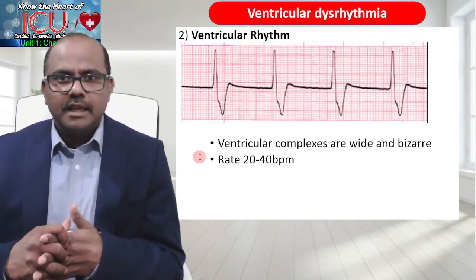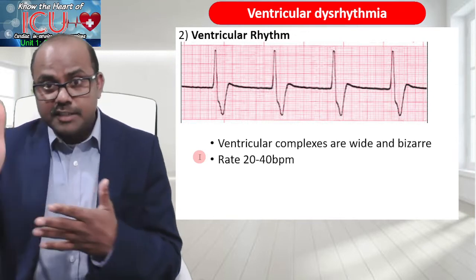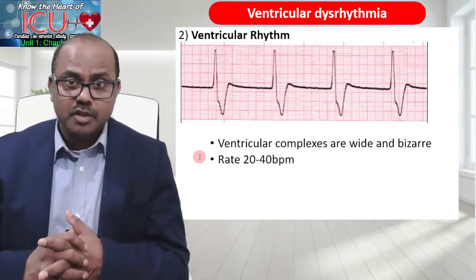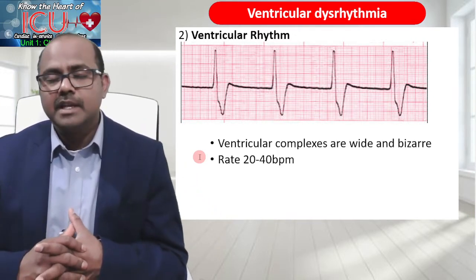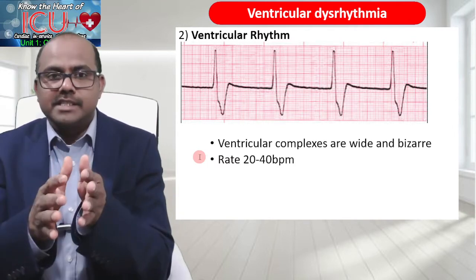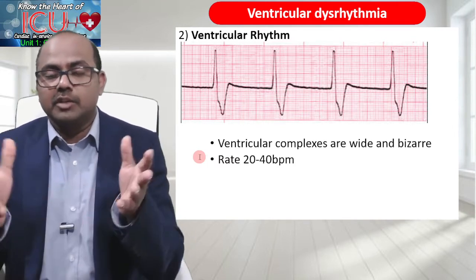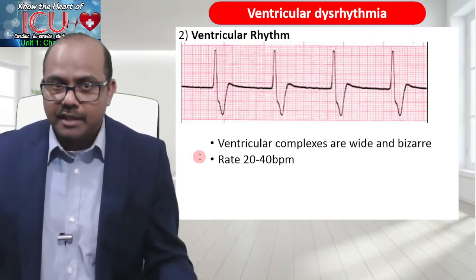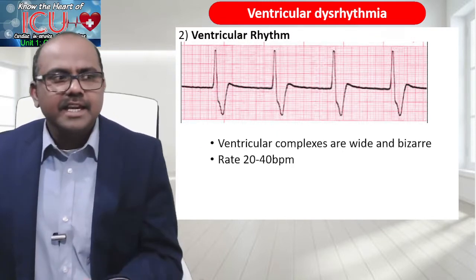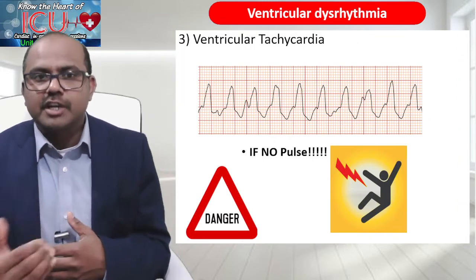And if it is a ventricular rhythm, we know that it's ventricle, no P wave, wide QRS complex, definitely it is a ventricular rhythm. And if it follows a faster rate, more than 40 or more than 60, we call it an accelerated ventricular rhythm. If it is tachycardia, we call it ventricular tachycardia.